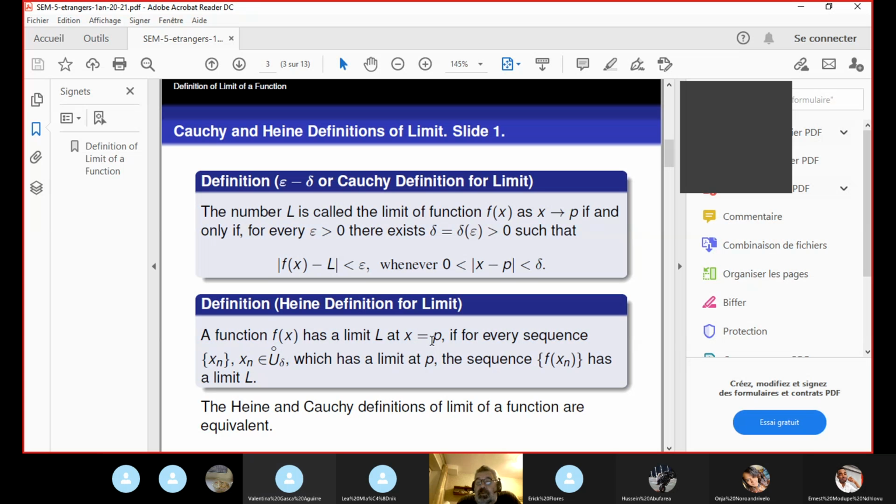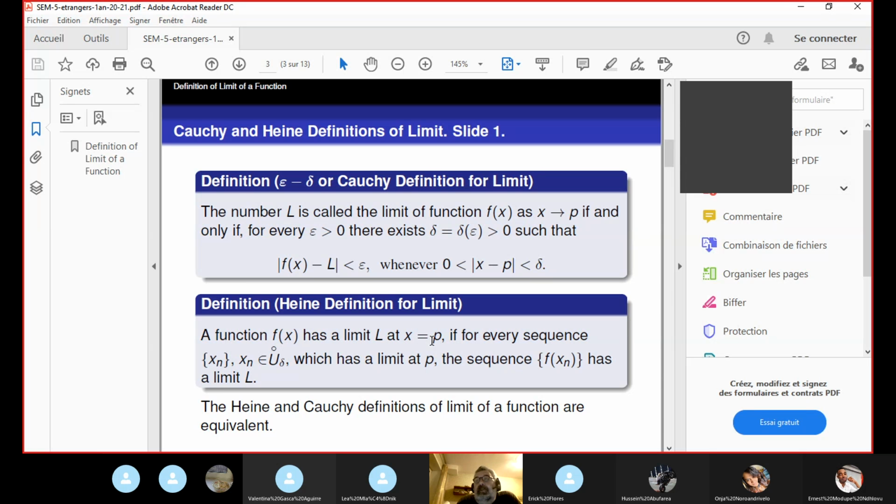More clear. So you see that here we have a problem between our usual functions. We know these functions: x square, x cube, exponential function, log, and so on. But there is a very great number of functions which are not so good. So in order to deal with these functions, the first step is to introduce the definition of the limit.